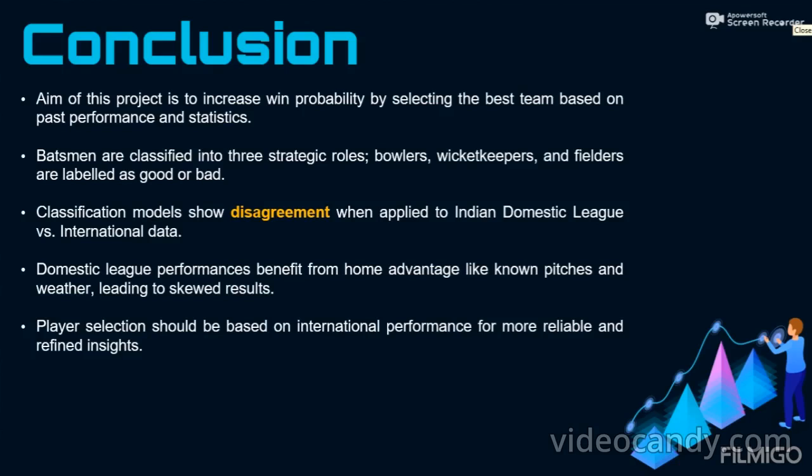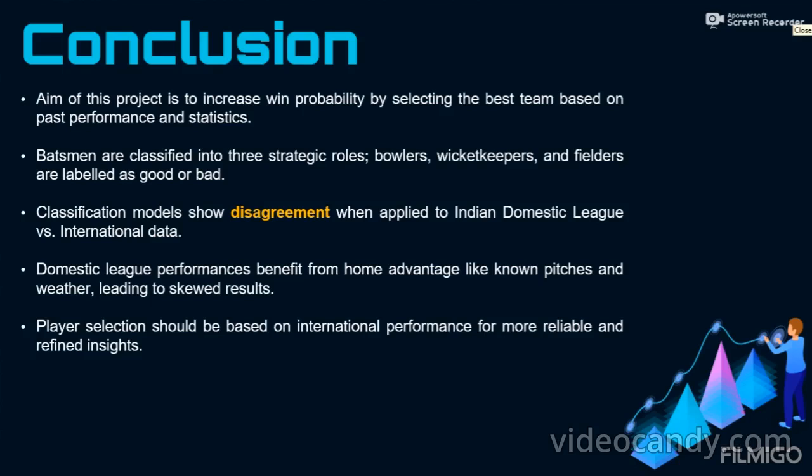within each role. One of the most important insights from our work was the discrepancy between international and domestic data. Domestic performance often showed inflated consistency, likely due to home ground advantages.